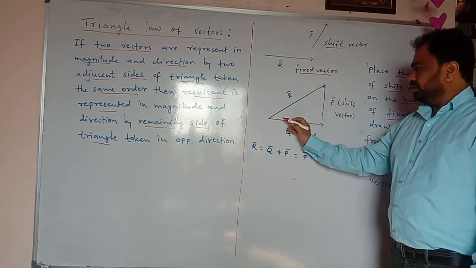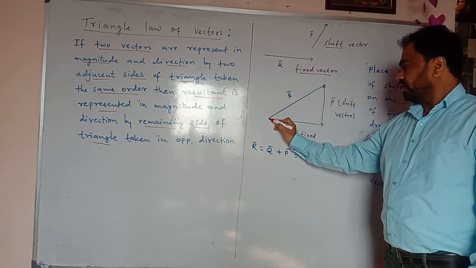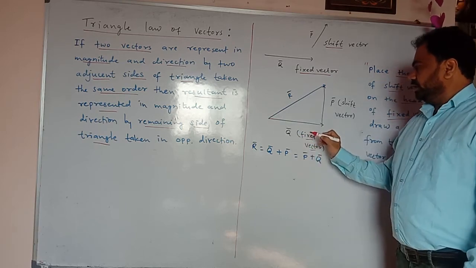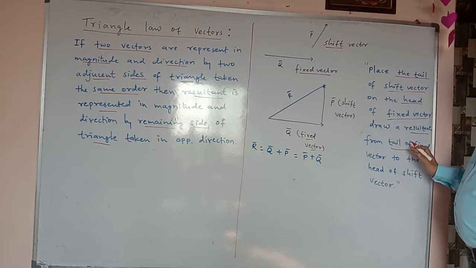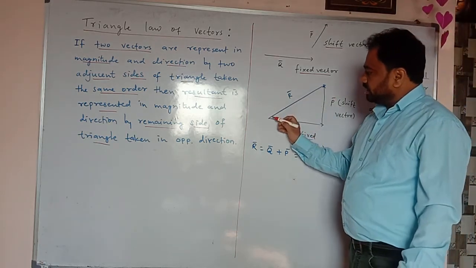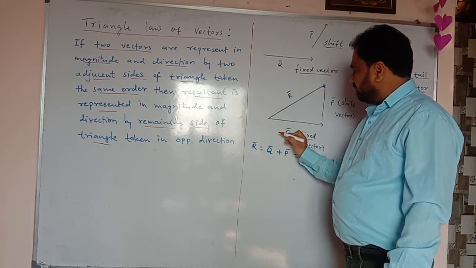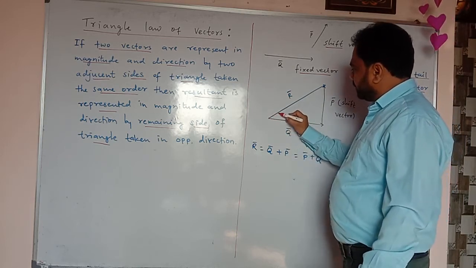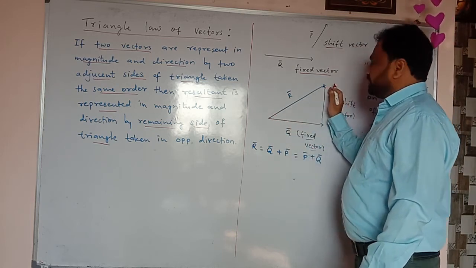So here this one is the tail of the fixed vector. For drawing a resultant, it starts from the tail of the fixed vector to the head of the shift vector.